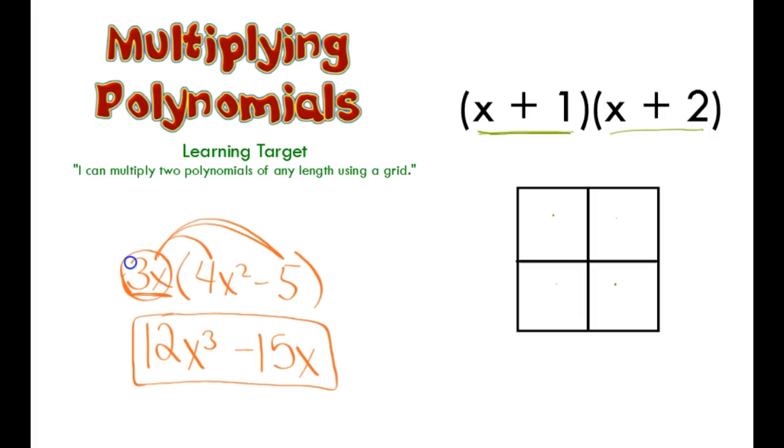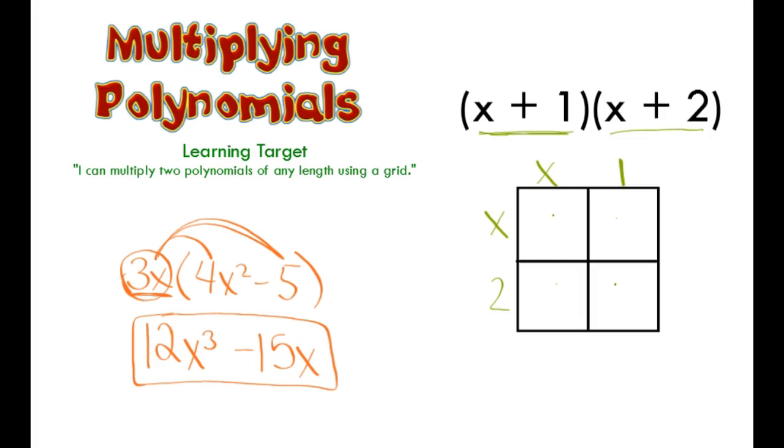So x plus 1, you can put it on the top or the side, it doesn't matter. And you don't need the plus, you're just putting each term in one of the columns. So x goes in a column, 1 goes in a column. If it was x minus 1, you would put a minus here, but it is not. So x plus 2, or x and 2, go on the left side.